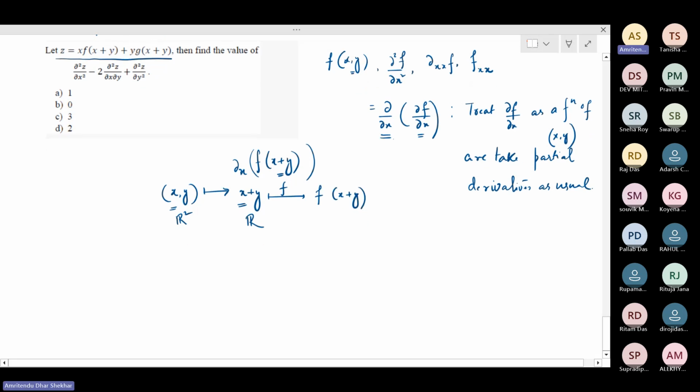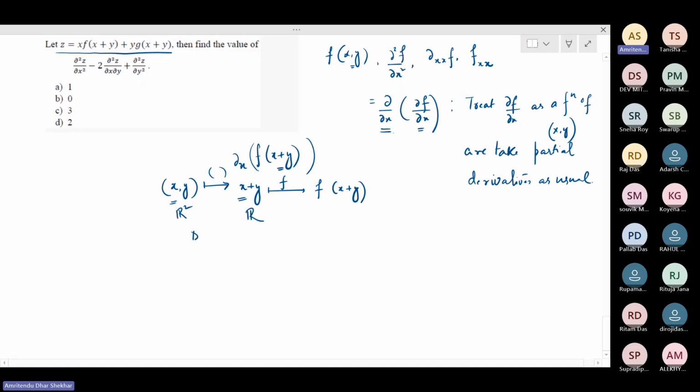So by the chain rule, you take the derivative of this, the derivative of this, and the derivative of f, and then you compose it. That is equal to d of f at the point x plus y composed with the derivative of this map. But instead of the derivative, you take the partial derivative.